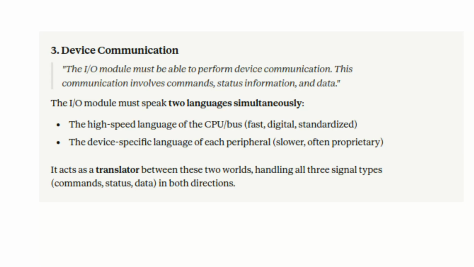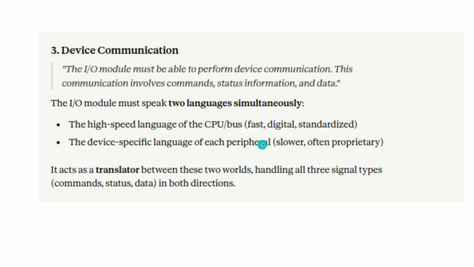Now the third main function is device communication. Like processor communication, device communication is also happening. It involves different commands, status, and also data transfer commands. You have to understand that our IO module is like a translator between the processor and the device.